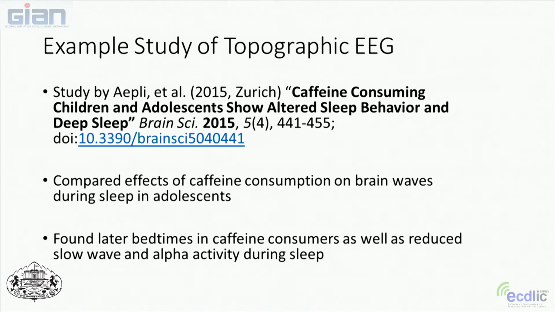And we're going to compare the effects of caffeine consumption on brain waves during sleep in these adolescents. What they basically found was later bedtimes in caffeine consumers, as well as reduced slow wave sleep and reduced alpha activity during sleep. Now, alpha activity are, again, those faster waves that you see when you're beginning to relax and try to fall asleep.